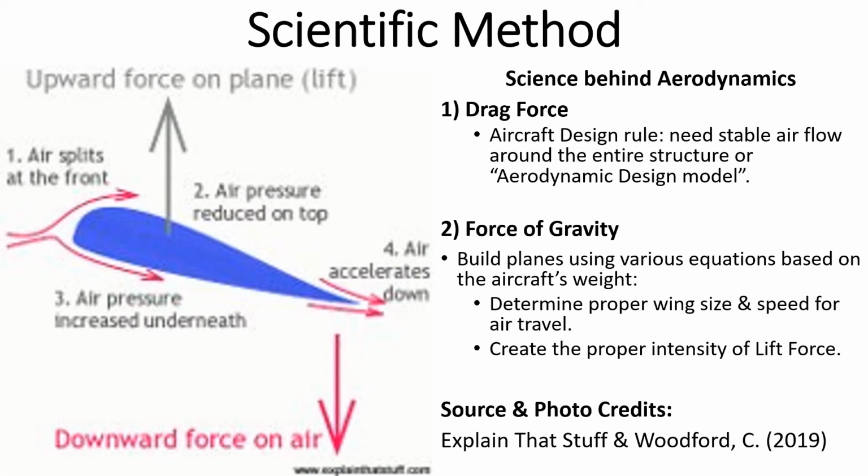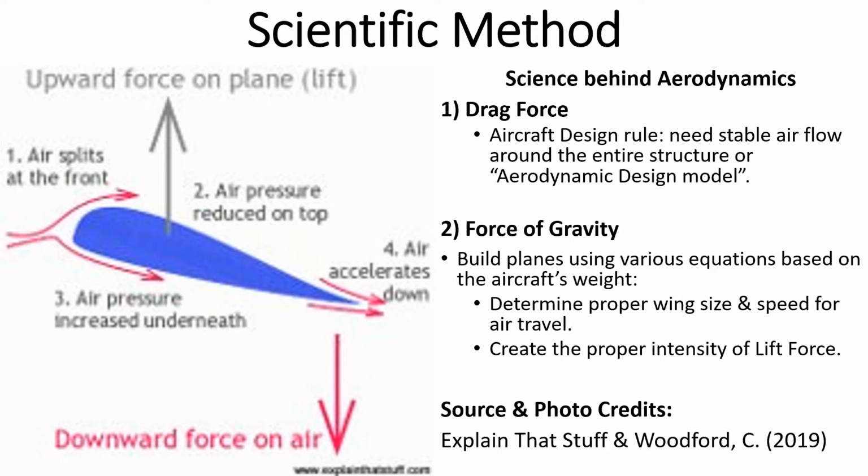When it comes to the scientific method of how airplanes work, the drag force and the force of gravity have some scientific method information to take note of. When it comes to the drag force, a rule to think about when designing aircraft would be to aim for stable airflow around the entire structure, or plan a very nice aerodynamic design model.